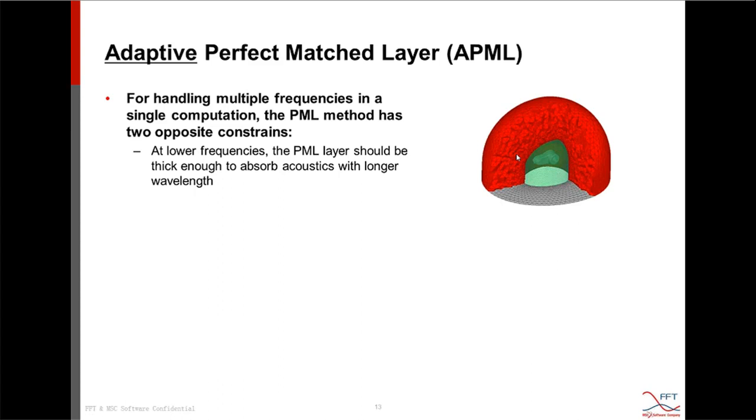At lower frequencies, the acoustic wavelengths are generally longer, and to absorb efficiently those long wavelengths through the PML, we will have thick and large PML regions.